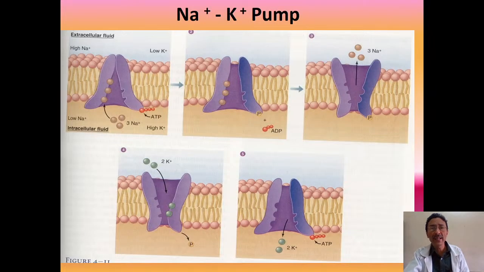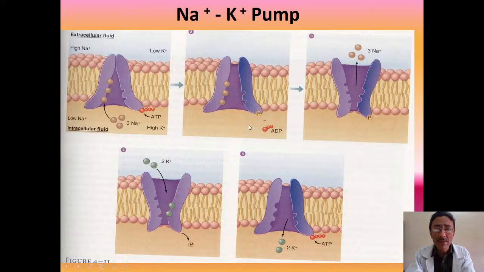So here is the same diagram again for you to understand. This is again the ECF, inside you have the ICF, and this is the channel protein. The gates are closed on the outside, here you have the binding site, and three sodium ions are coming and binding on three active sites. When these three sodium ions bind on the binding site of this sodium potassium pump, the ATPase will get activated.